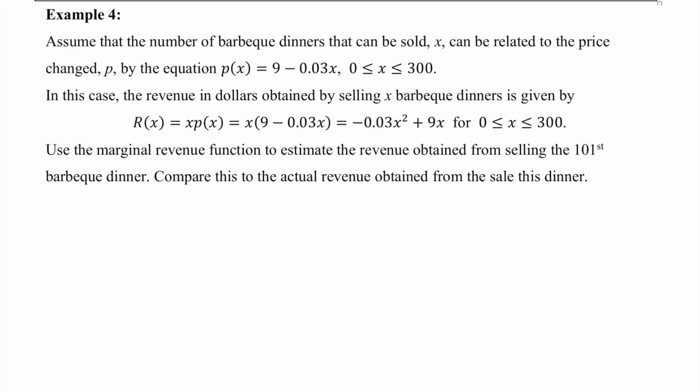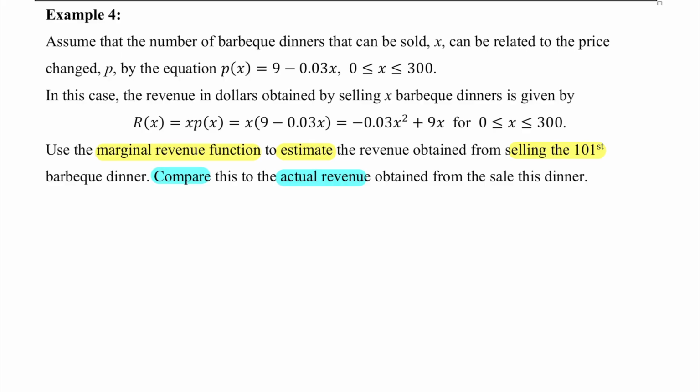So there are really two things we need to do. First, we need to use the marginal revenue function to estimate the revenue from selling the 101st dinner. Second, we need to find the actual revenue from selling the 101st dinner and then compare the two answers.